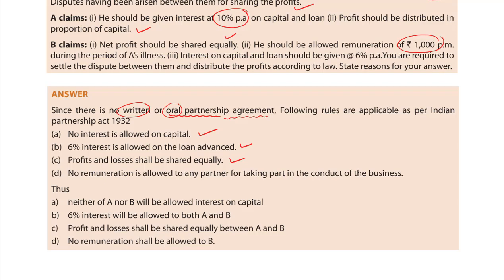No remuneration is given to a partner who is taking part in the conduct of the business. Thus, neither A nor B will be allowed interest on capital. 6% interest will be allowed on the loan. Profit and losses shall be shared equally between A and B and no remuneration shall be allowed to B. I believe you understood.